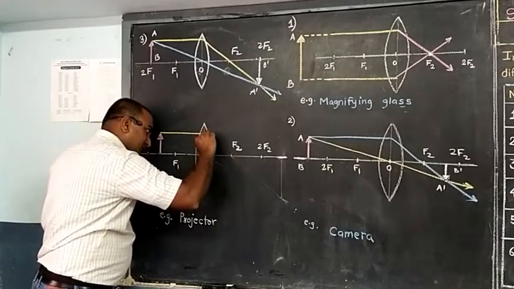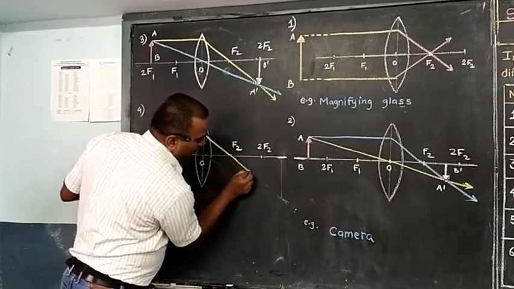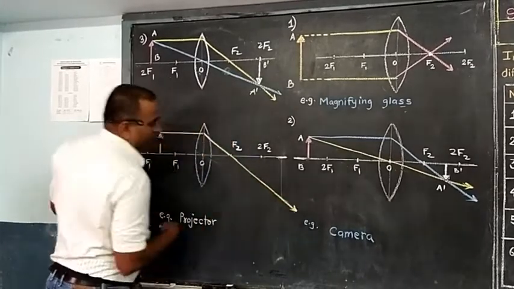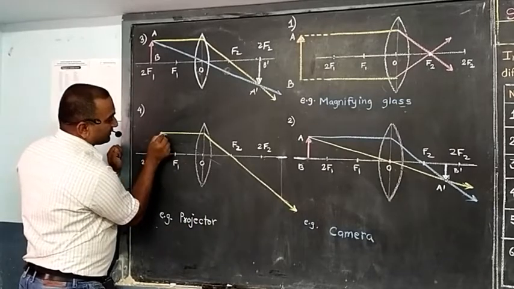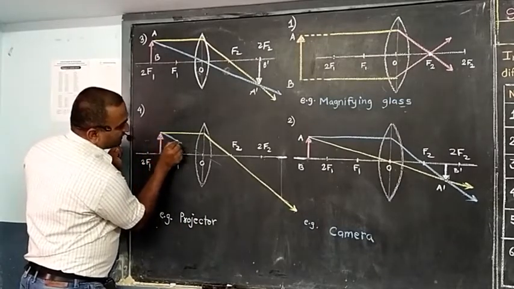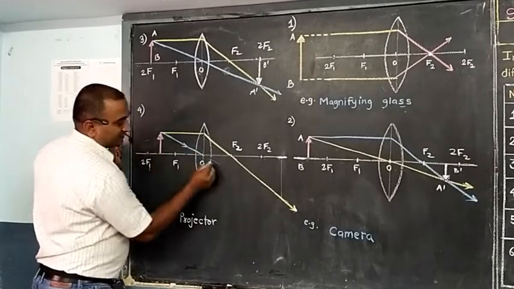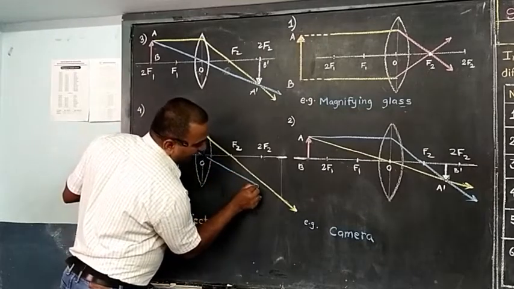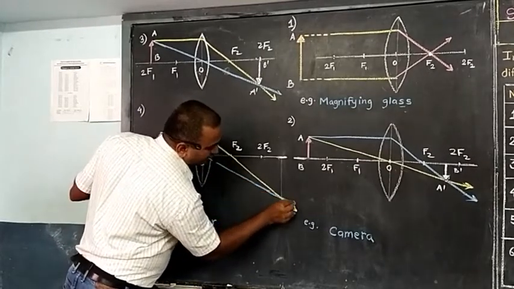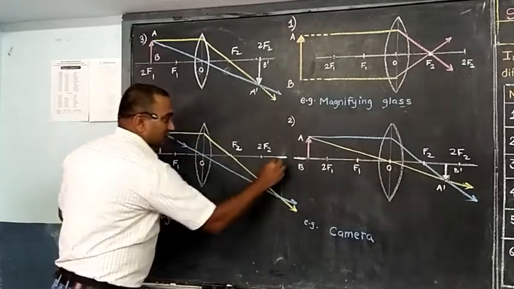After refraction, the refracted ray will go through the focus. Then again there is one line from the optical center, the incident ray passing through the optical center will go straight without deviation. As it is going straight, it will meet here. See, and here we are getting the image.